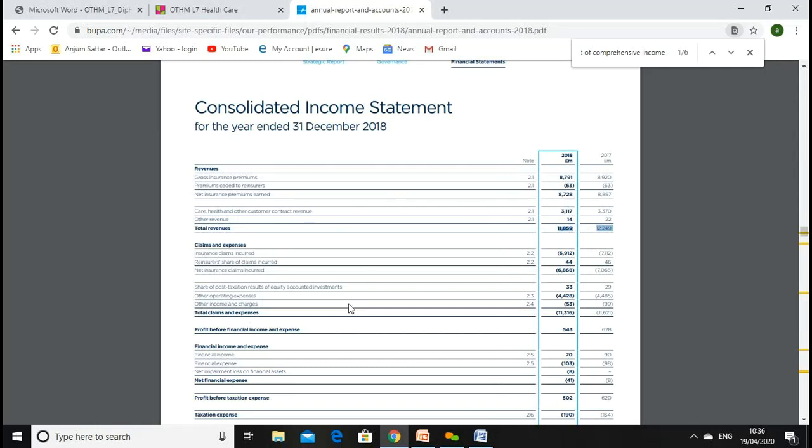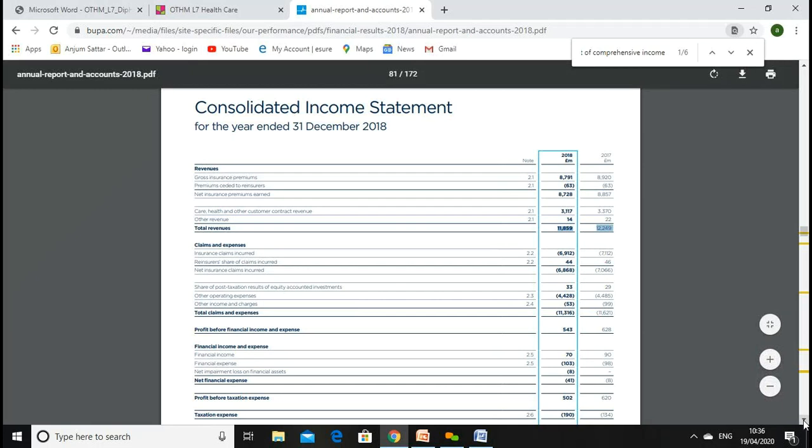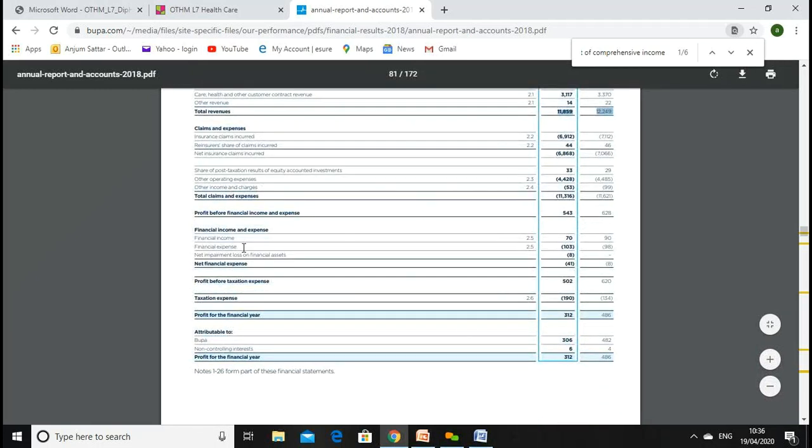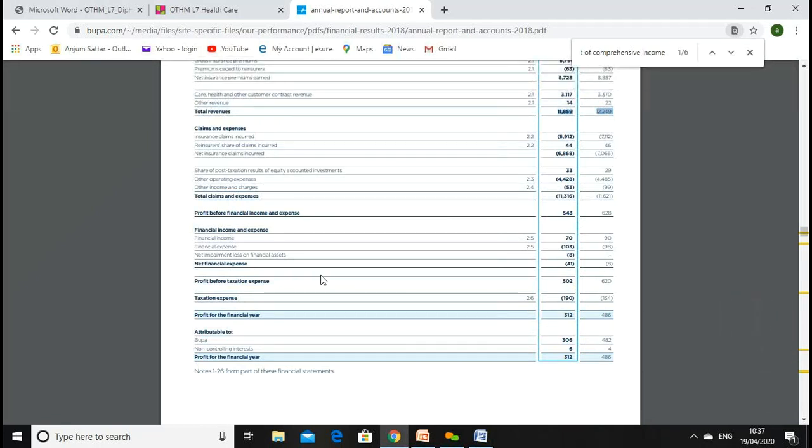Then they have the cost, the direct expenses, and they found the profit. Some companies have no direct costs because they're not buying and selling things, they're just providing services. The profit before tax is 502 million. Last year was 620 million. Now if you look at the profit after tax, this year 312 million, and last year was 486 million, which went down.